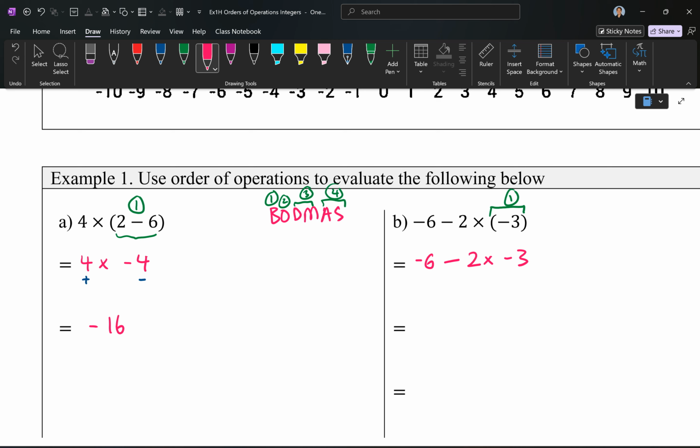Now brackets are gone. Any indices? Do you see any powers? No powers. So therefore you go to division or multiplication. Do I have a division or multiplication? Yeah, we've got a multiplication right here. So what am I multiplying? Be careful here. Even though the way I teach my year 9s and year 10s differently, just for you guys, I'm sort of showing you individual steps here. The number is a 2.